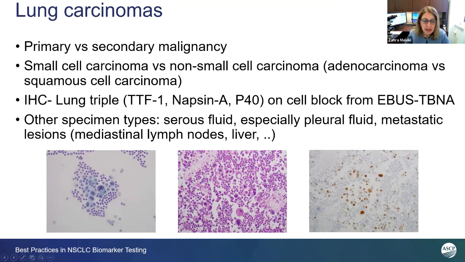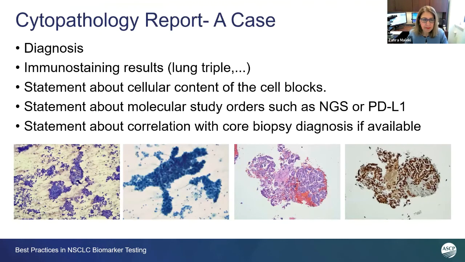Here, you can see images from non-small cell carcinoma, which was actually adenocarcinoma in pleural fluid. Here it shows very cellular material on cell block and also immunostaining confirmed TTF1, and that was actually a case of adenocarcinoma of the lung.